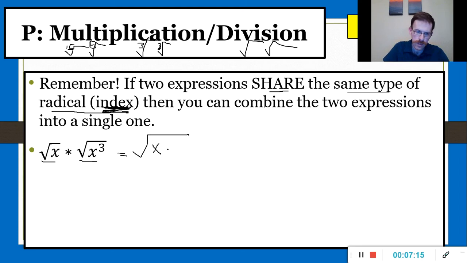So this is the square root of x times x to the 3rd. Now, when you multiply x and x to the 3rd, what do you do with the exponents? You add them. Because remember, when you multiply variables, you add exponents. So that's going to be 1 plus 3.